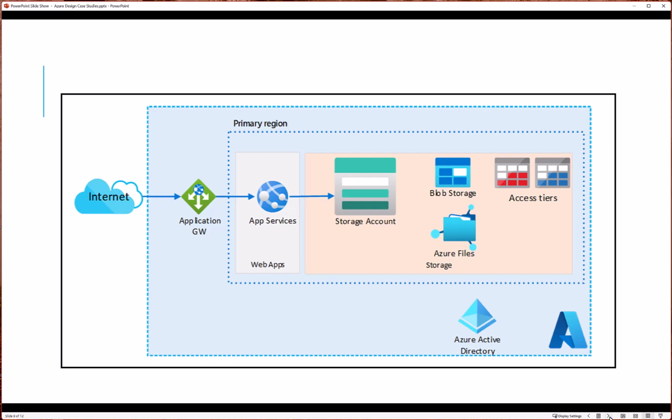I just want to clarify one thing, okay? Be very clear on this, which is Azure Files versus Azure File Sync. Azure Files is a service in Azure Storage, okay? It is a service that provides SMB-based file sharing, right? It's a software layer on top of the storage that allows SMB-based file sharing.